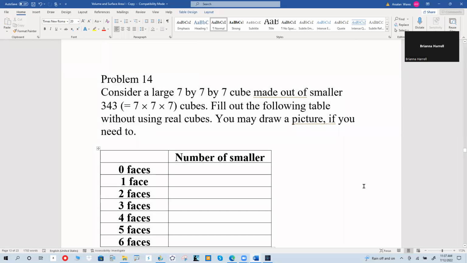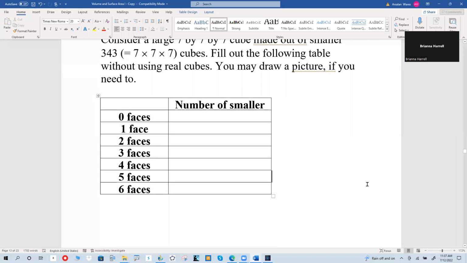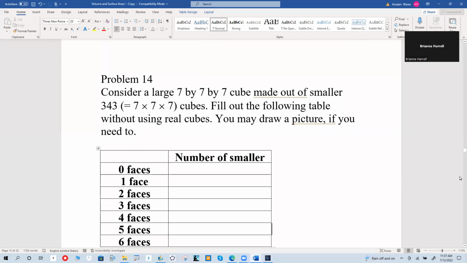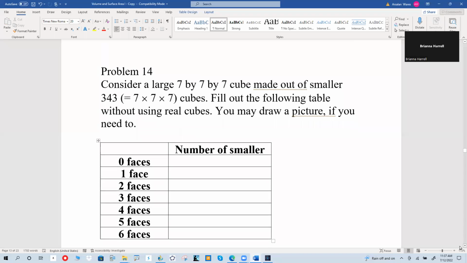Consider a large 7 by 7 by 7 cube made out of 343 smaller cubes. If you take 7 by 7 by 7, multiplying 7 by itself 3 times, you get 343. Fill out the following table without using real cubes. It's a little tricky, but I'm going to try it, and I'm going to do a couple of problems like this.